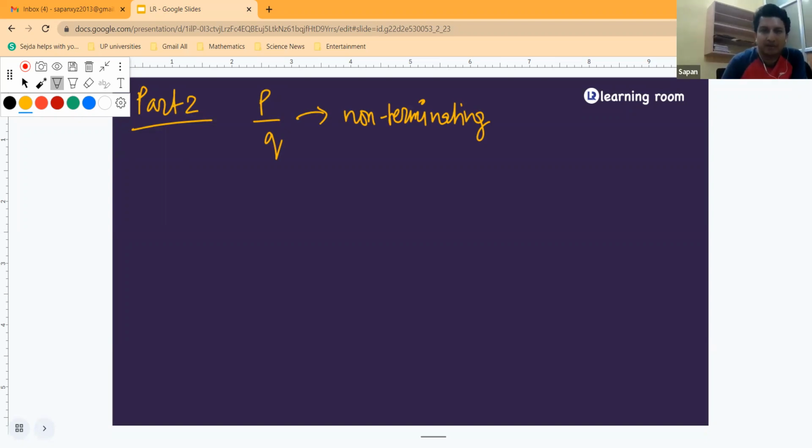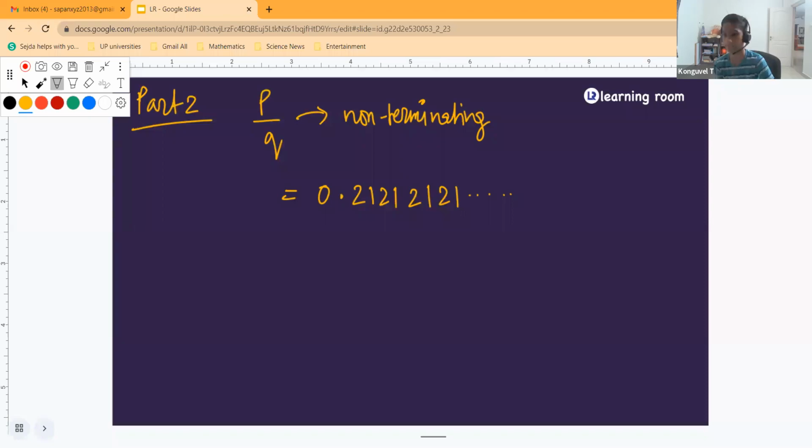For example, this number turned out as 0.21212121 and so on, repetitive. Yes, sir. This is a non-terminating recurring number.